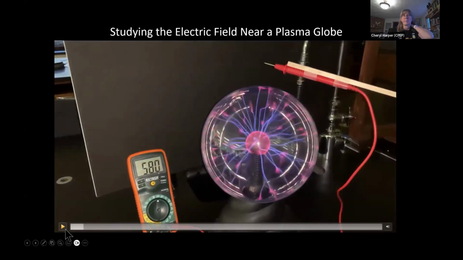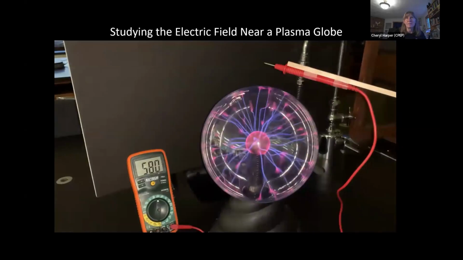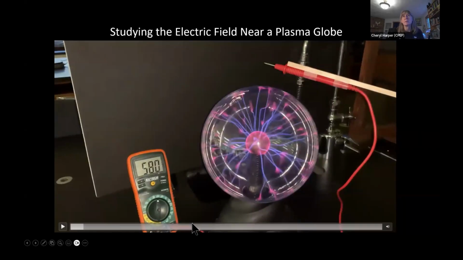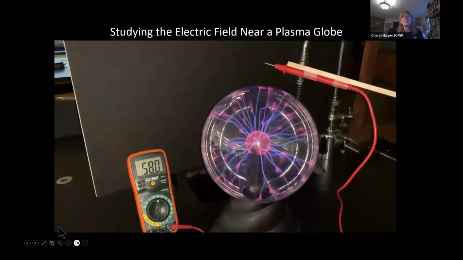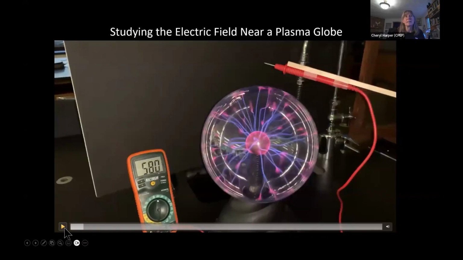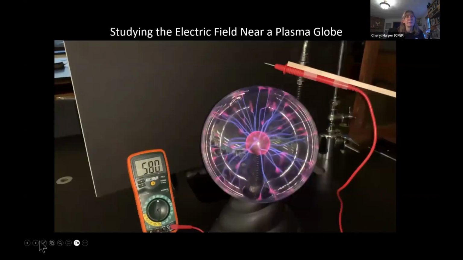Again, this can be more qualitative or quantitative. It can take 5 minutes if you want to use it as a demo, or you can have the students graph the distance and the voltage and see the relationship there. And it does turn out to give pretty good graphs.